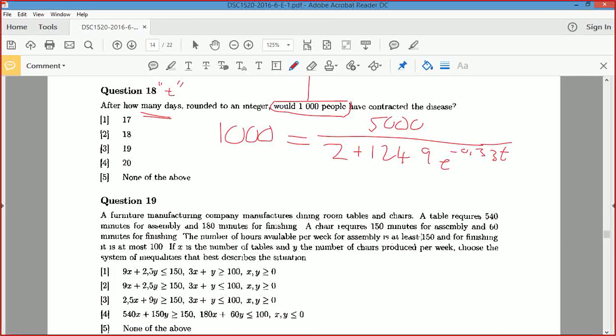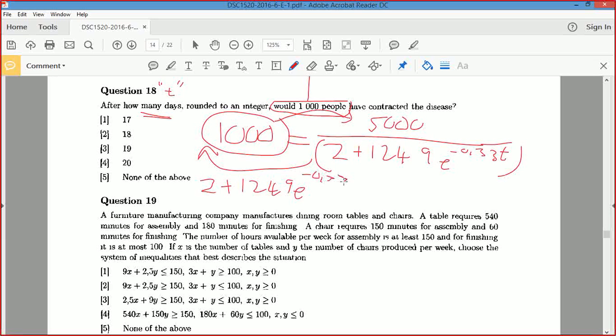Now I need to solve. How do I solve? I'm going to take all of this stuff at the bottom here, move it to that side, take this stuff on that side to this side. So I'm going to have 2 plus 1249e to the power 0.33 t equals 5,000 divided by 1,000 is 5. Do you agree? Yes, I do.